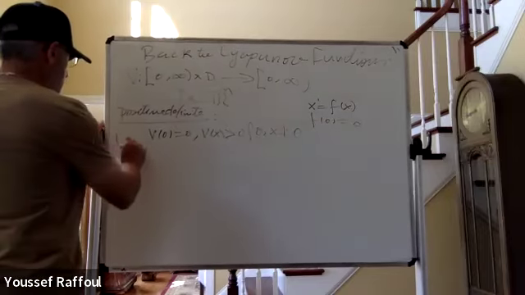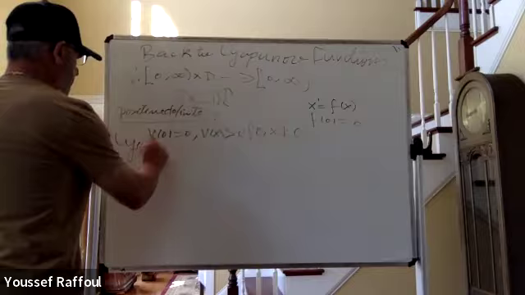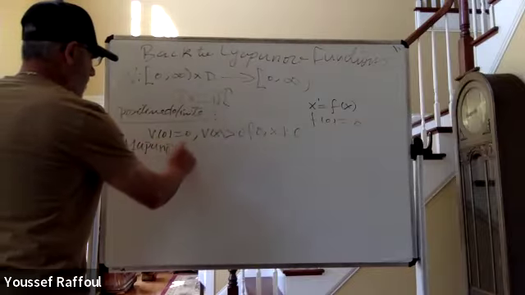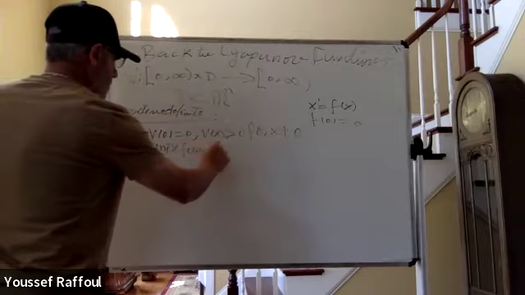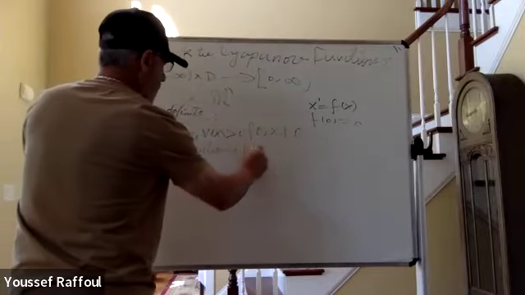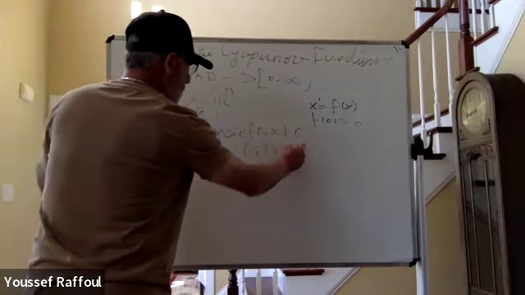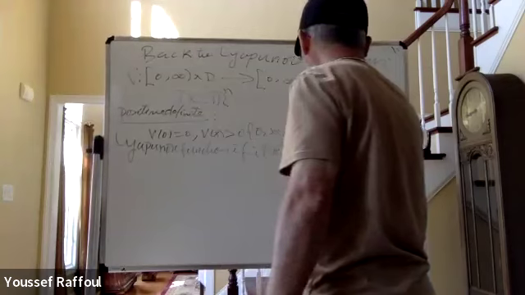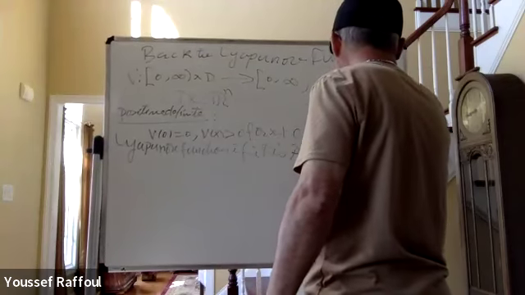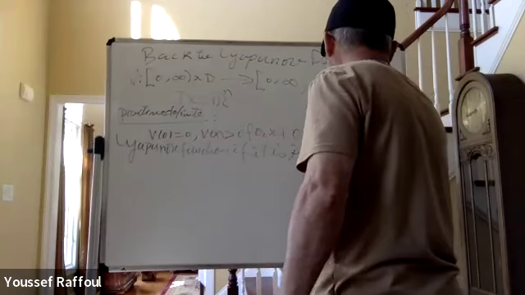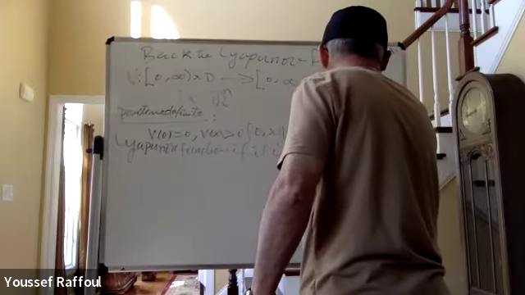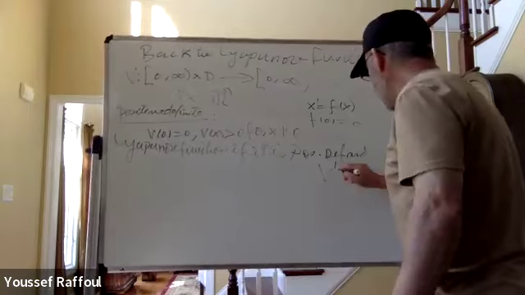Okay? It's a Lyapunov function if it is positive definite and V prime less or equal to 0, correct?